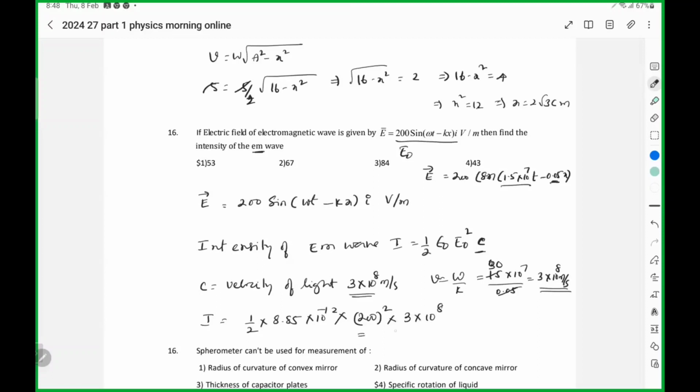So 4 into 3 is 12, 12 by 2 is 6, into 8.85 into 10 power minus 12. It is 10 power 4 into 10 power 8. All get cancelled. It's 53 point.